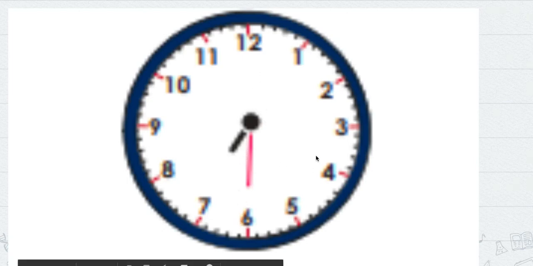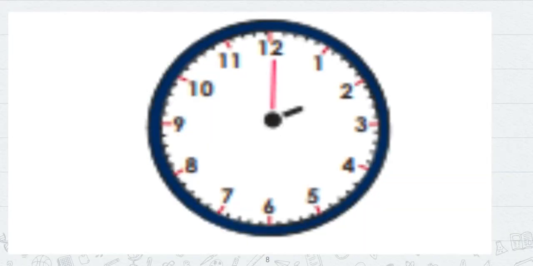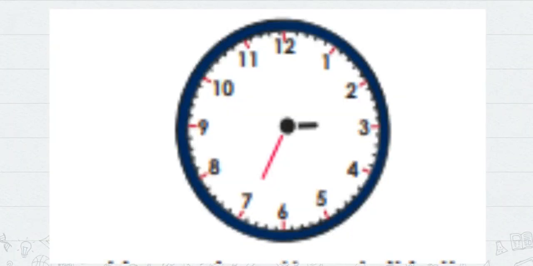How many minutes has it gone? If the total is 60, how many minutes has it gone? Yeah, it's gone 30 minutes. So how can we use that knowledge to help us with this question? If it were here, it'd be 30.